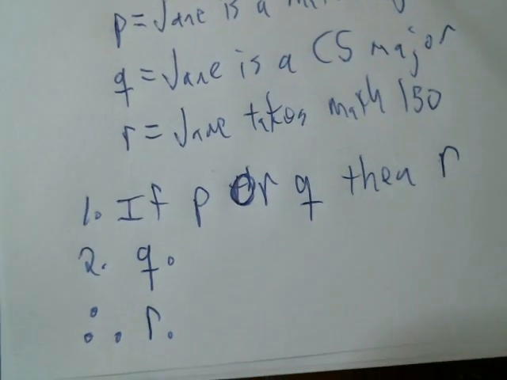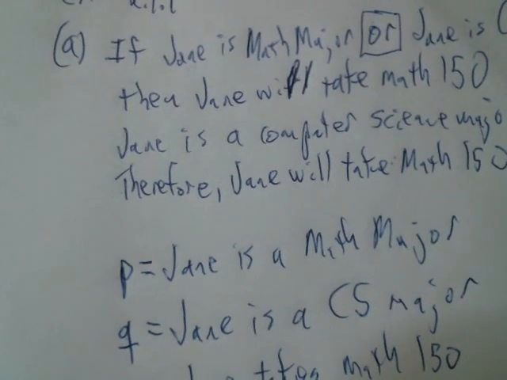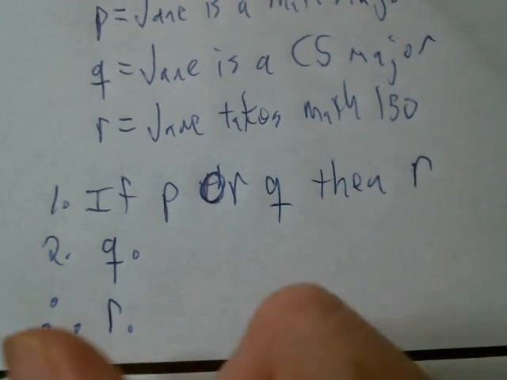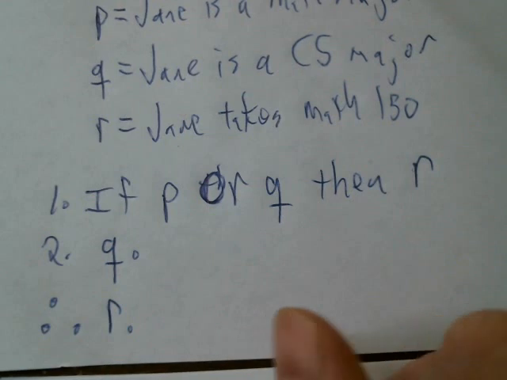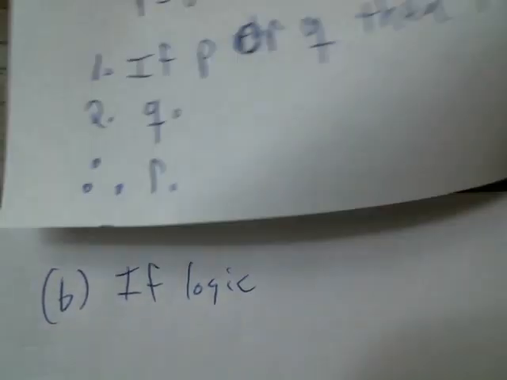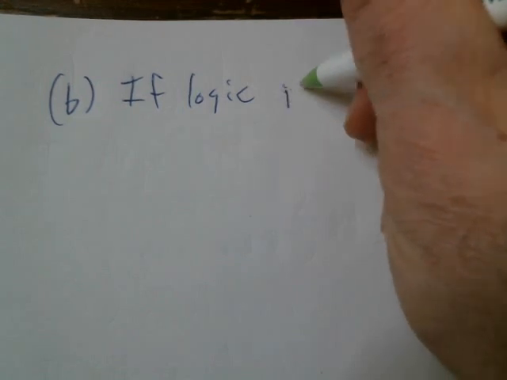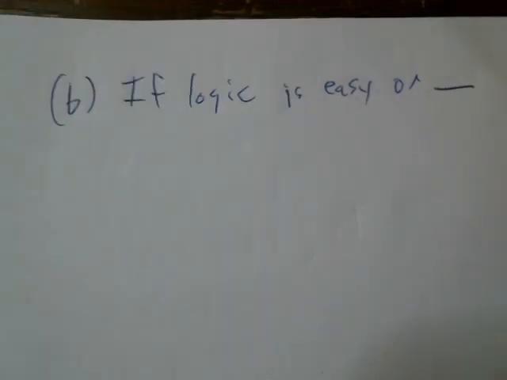Okay, so this is a way of abstracting an argument form, and then the book notes in the example that we can have another argument which is basically the same type of argument. So let's look at the other part here. If logic is easy or blank, then blank.